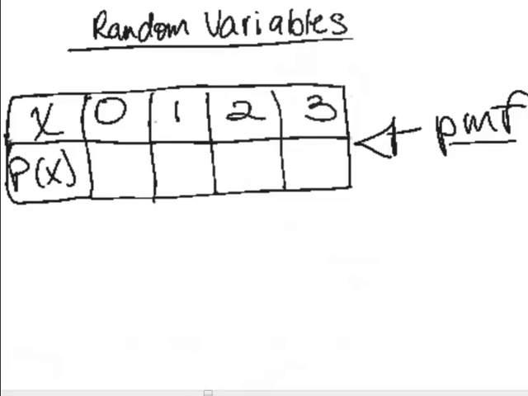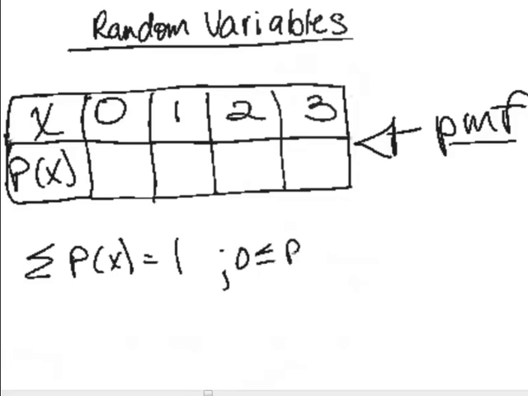Okay, so the PMF has certain rules. The sum of all the probabilities should equal 1, and all the probabilities should be between 0 and 1. So no negative probabilities, nothing greater than 1.